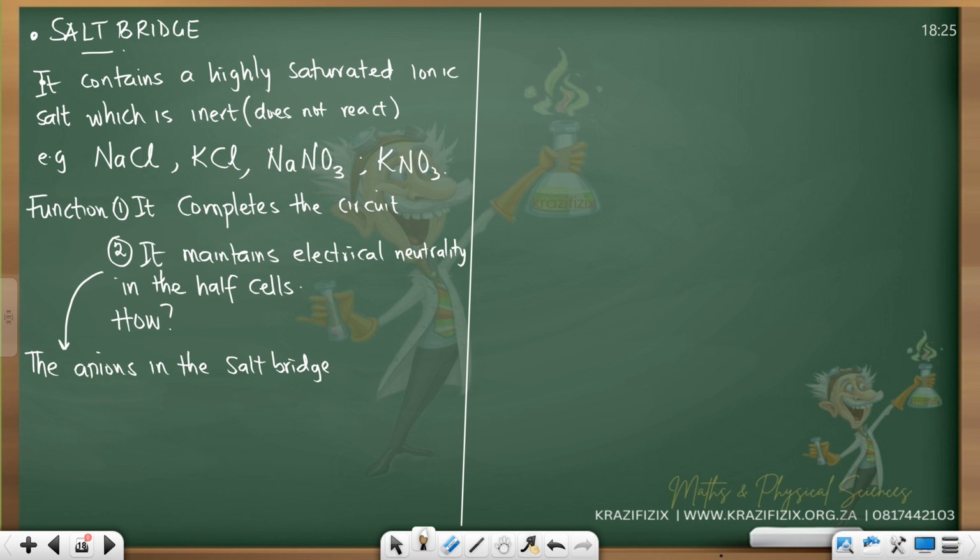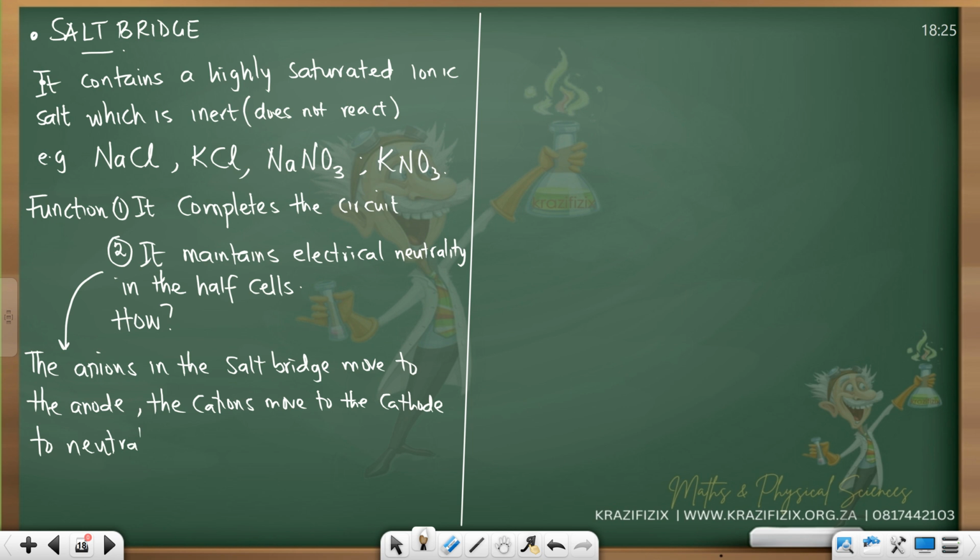The anions in the salt bridge move. Do you remember this note? That's what we started with today. The anions in the salt bridge move to the anode. The cations move to the what? Cathode.